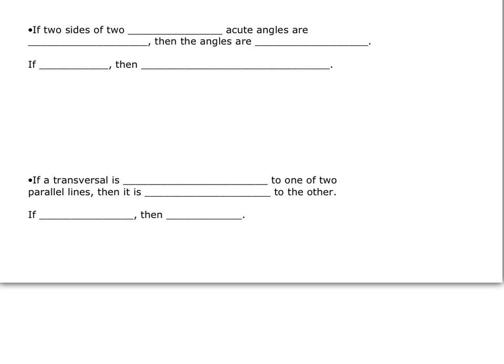The next scenario we have is that if two sides of two adjacent acute angles are perpendicular, and again, let's write this and then we'll discuss what it all means and how to draw it.